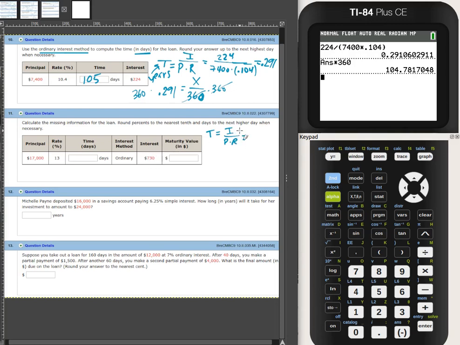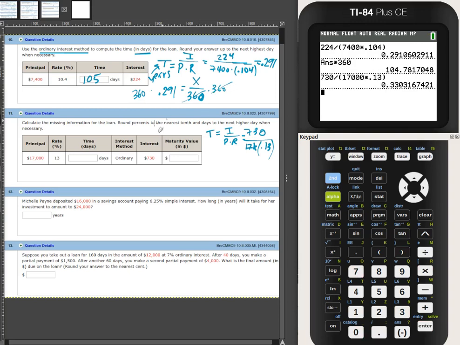So that's going to be 730 divided by 17,000. It's going to take up too much room, so I'm going to put 17K. And then times the rate, which is 13%, so that's going to go 0.13. And what will we get? We have 730 divided by 17,000 times the rate 0.13.